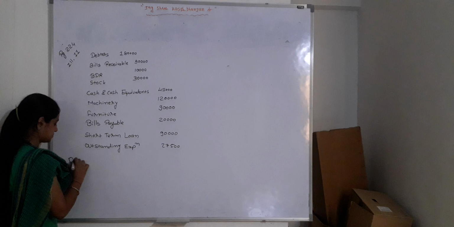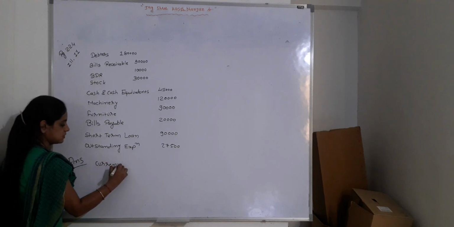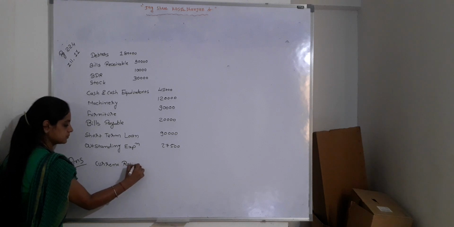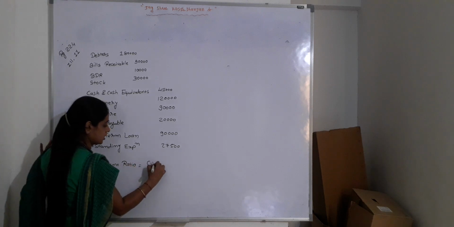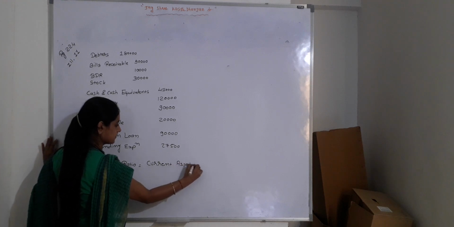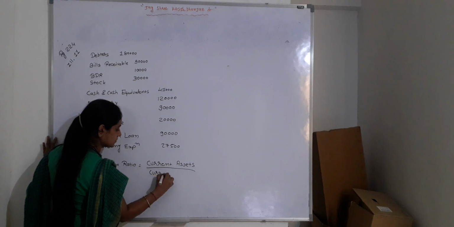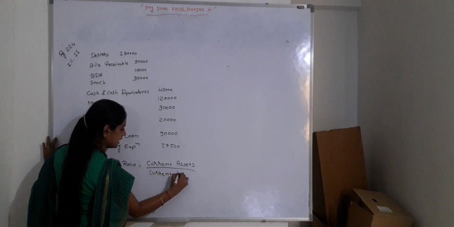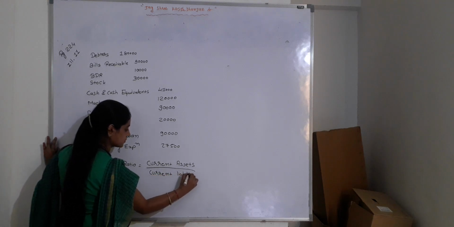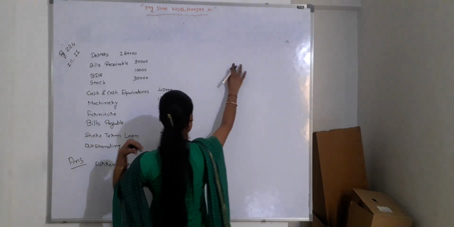We have to find current ratio. Current ratio is equal to current assets upon current liabilities. So first of all, we have to find these two things.